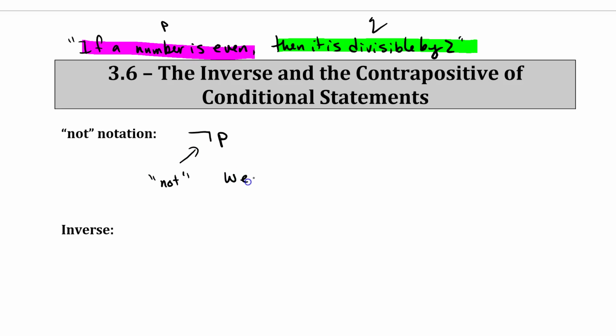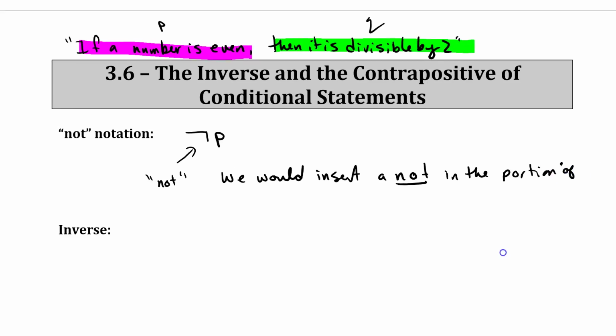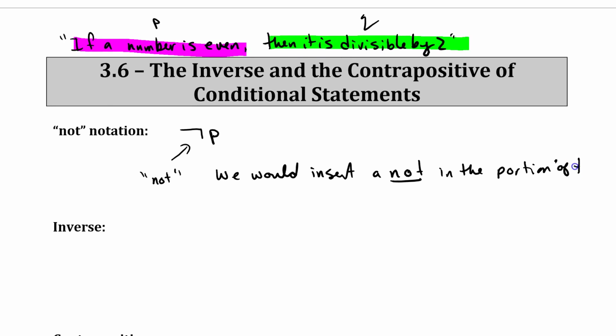So we would insert not in the portion of the conditional statement it is attached to.